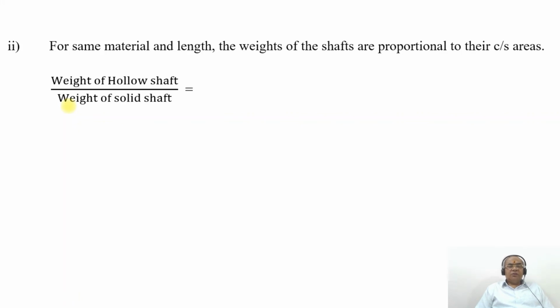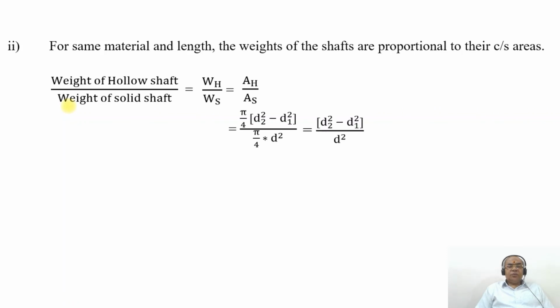Therefore, the weight of the hollow shaft divided by the weight of the solid shaft, WH by WS, will be equal to AH by AS, which is pi by 4 into D2 square minus D1 square, divided by pi by 4 into D square. So that is equal to D2 square minus D1 square by D square.